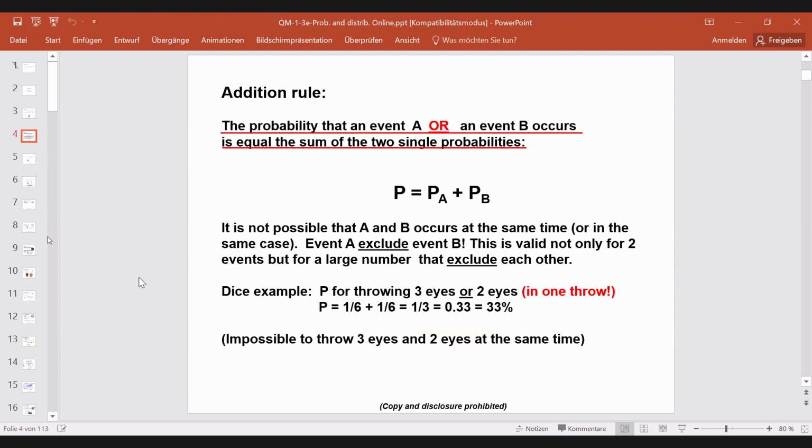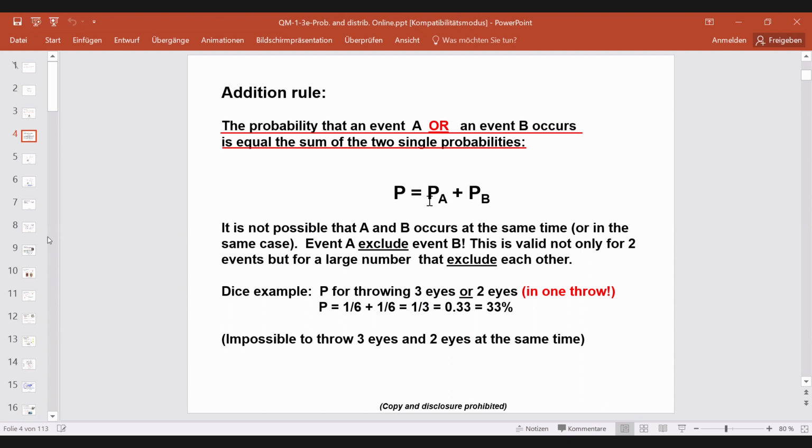There are two rules which are important for the following sheets: the addition rule and the multiplication rule. The addition rule is the probability that an event A or an event B occurs. Every time an event A or an event B occurs, you have to do an addition of the single probabilities.